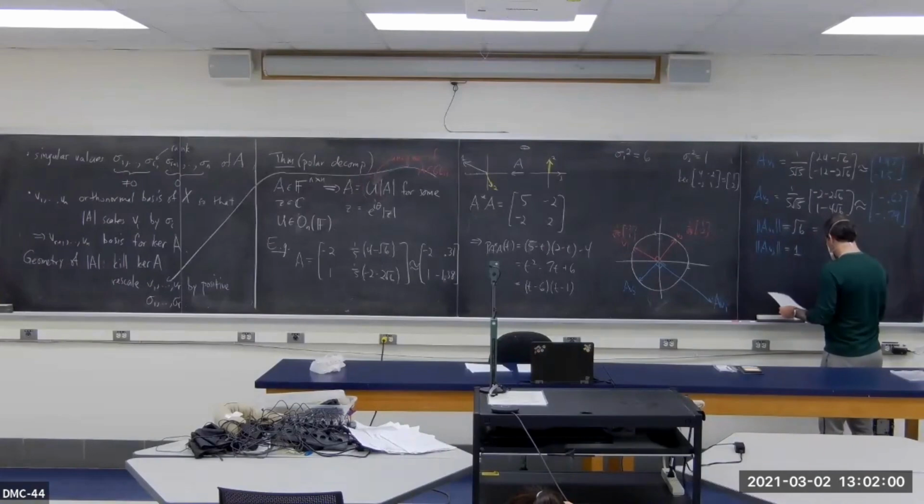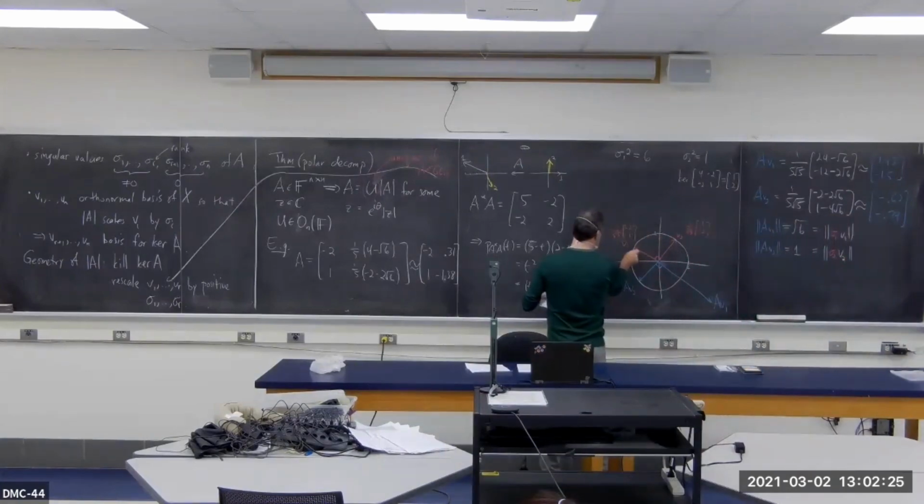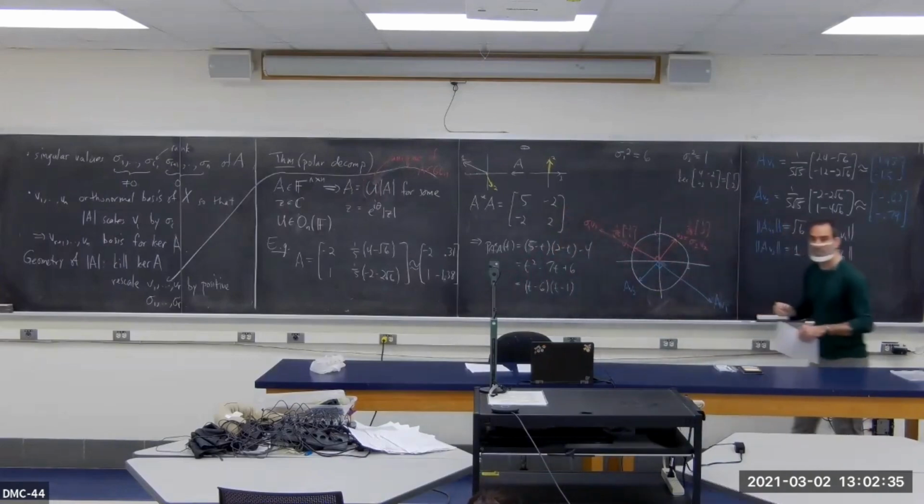That root 6 is the length of sigma 1 V1, and that's the length of sigma 2 V2. Right? So really what we're doing is this. That's going to be sigma 1 V1, and that is sigma 2 V2.